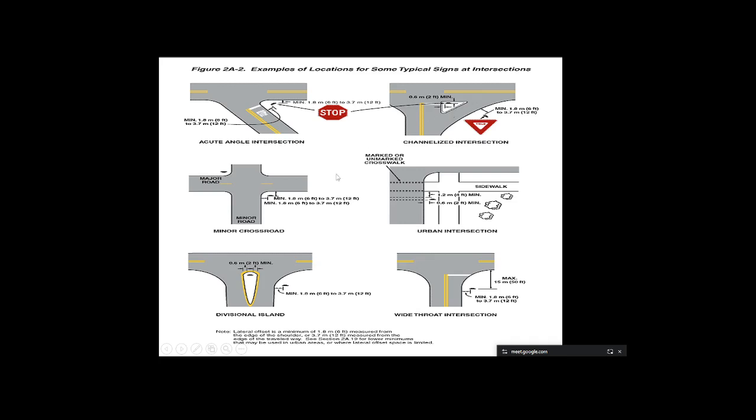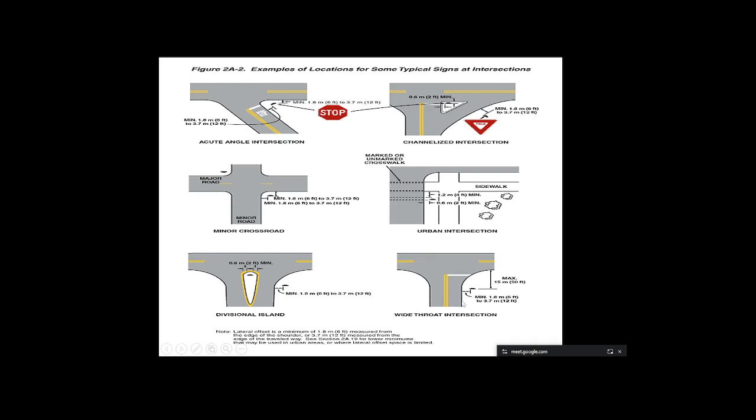Then minor crossroad, where a smaller road joins a major road. Then an urban intersection, where sidewalks, pedestrian crossings and other urban facilities are included. Then divisional island, used to separate the traffic and improve safety. And wide throat intersection, designed to accommodate higher turning volumes.